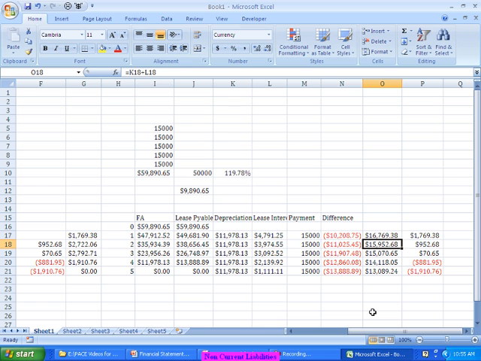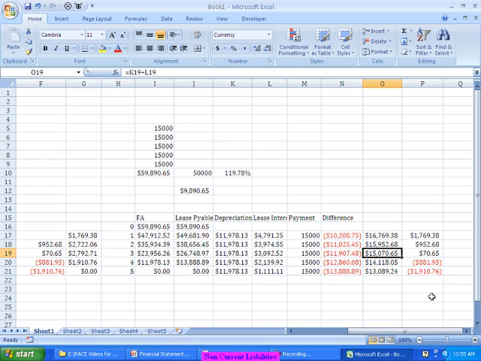Similarly, in the second year, your total expense is 15,952, but you are paying only 15,000. So the remaining 952 is still adding up to your liability. The difference has increased to 2,722, which is nothing but 1,769 plus 952. Whereas in the third year, the shortage in what you are paying is 70, so the liability should increase by another 70.